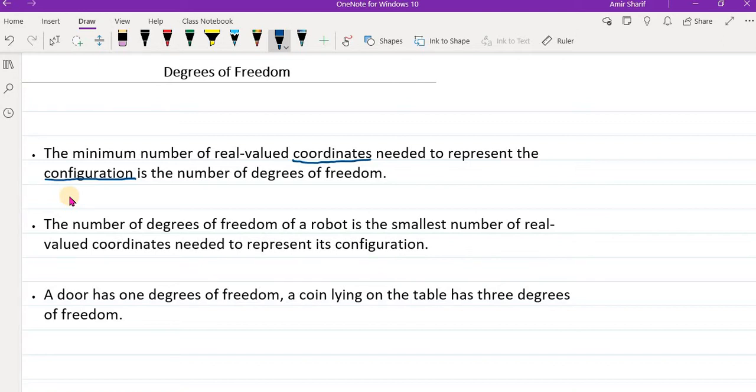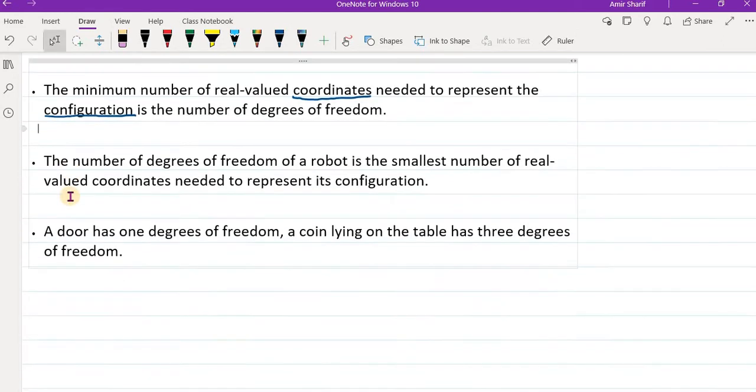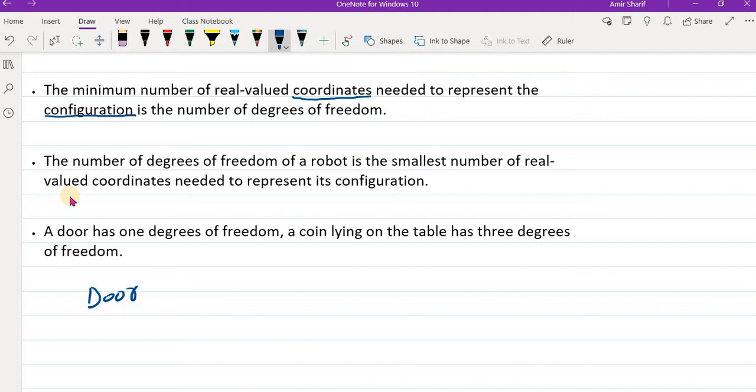Because we have seen in the previous example that the configuration of a door can be represented by one angle theta.